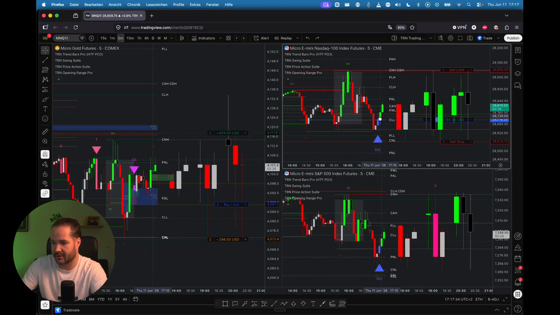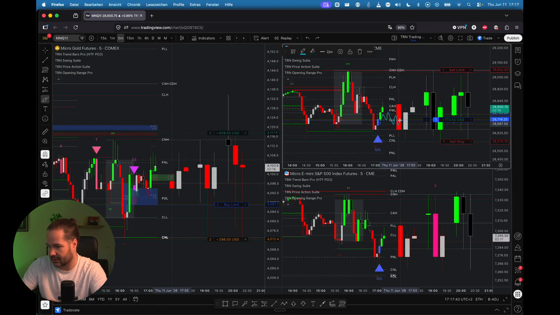So if we would have closed this Morningstar and then started a range, something like this here, for quite a while, then I would probably close this trade because it signals, okay, price doesn't want to move up.